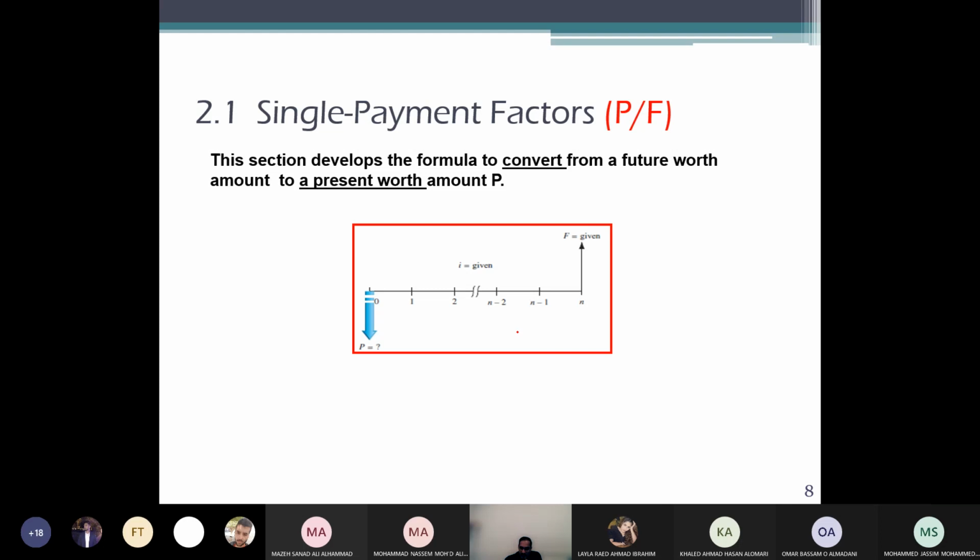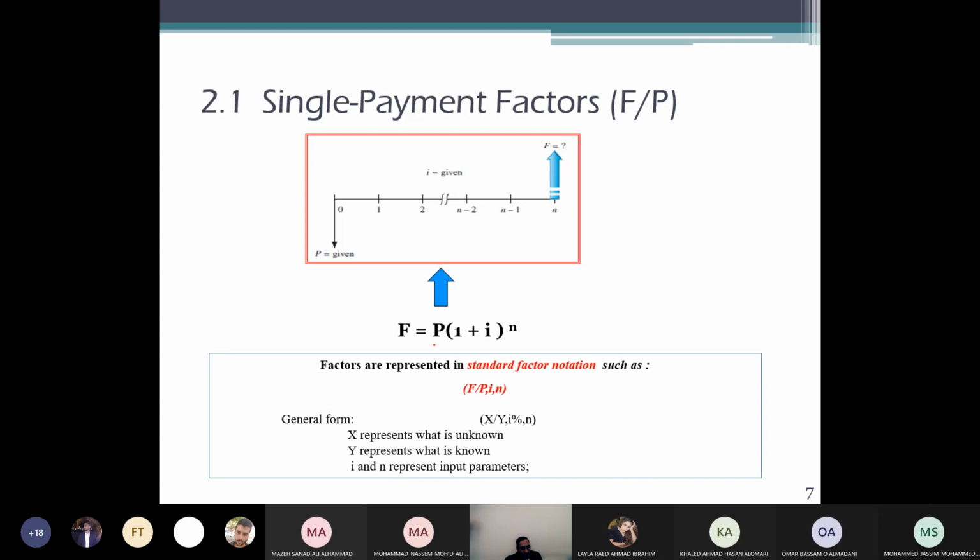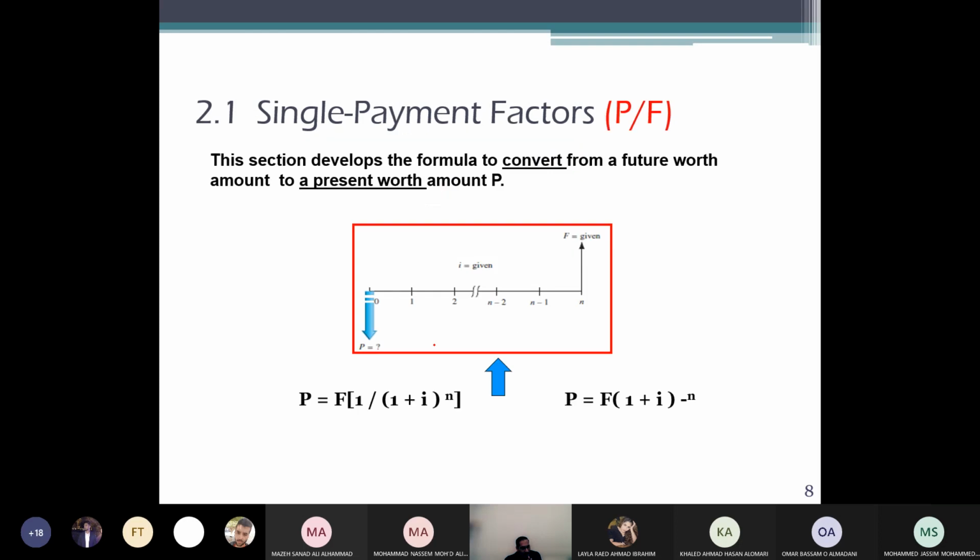How about if I want to reverse? As I mentioned, I want to put money today to receive in the future. According to the formula, what do we normally do? We normally reverse it, right? We put one over the expression.